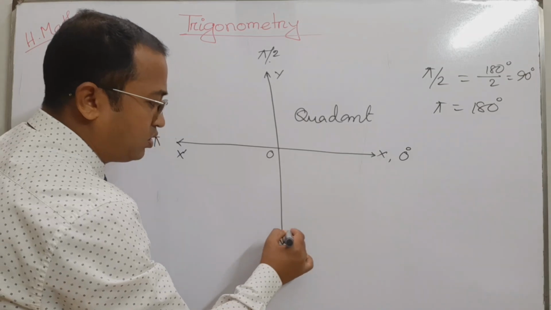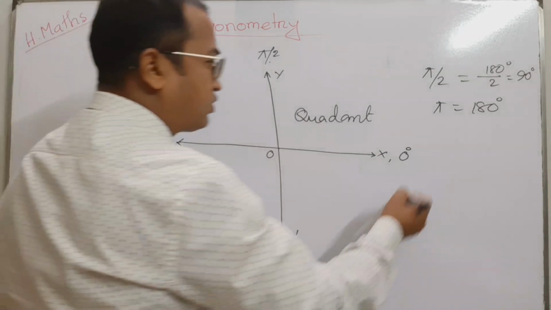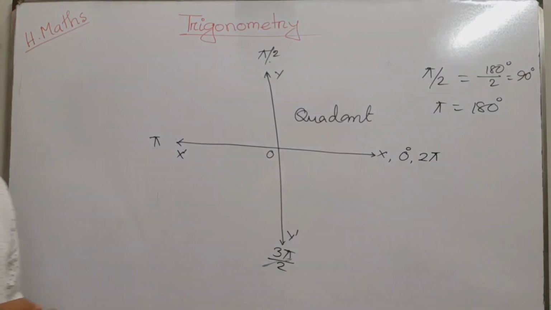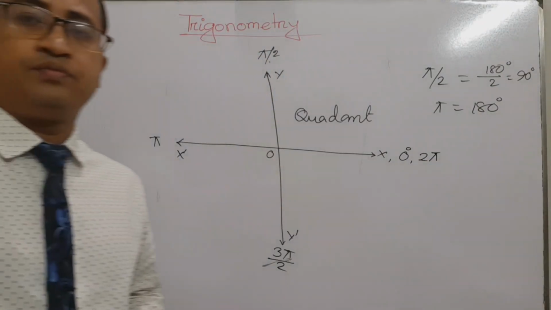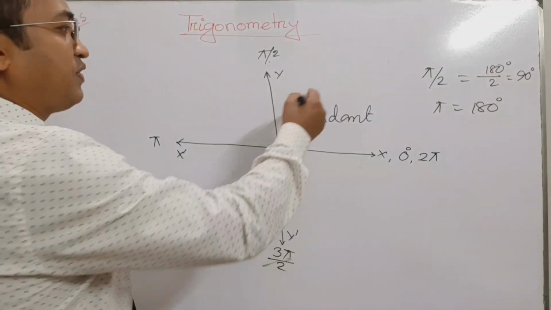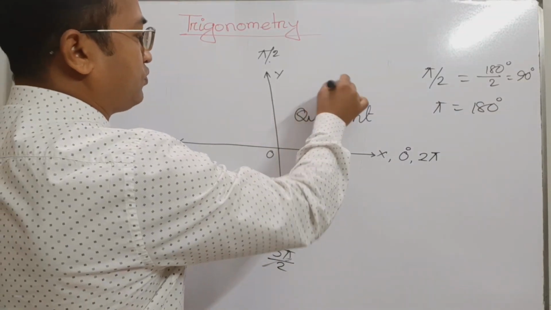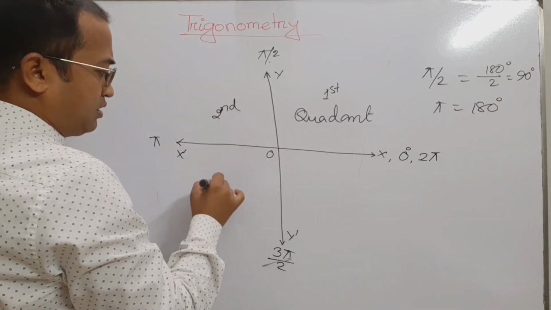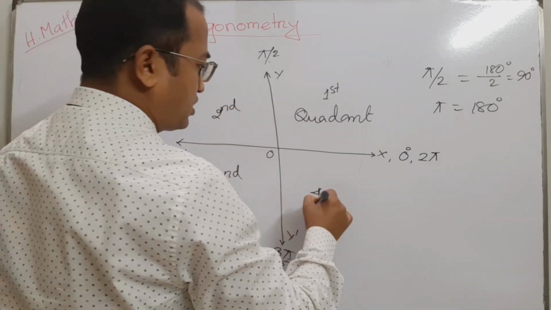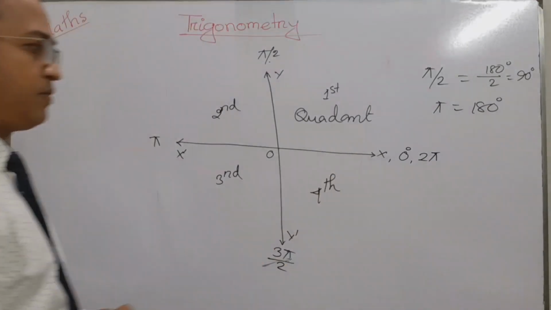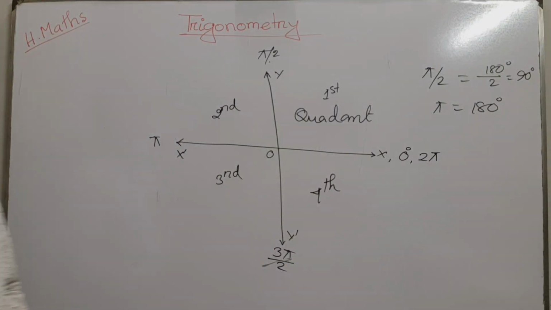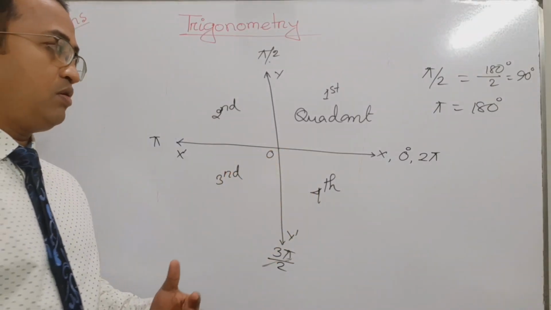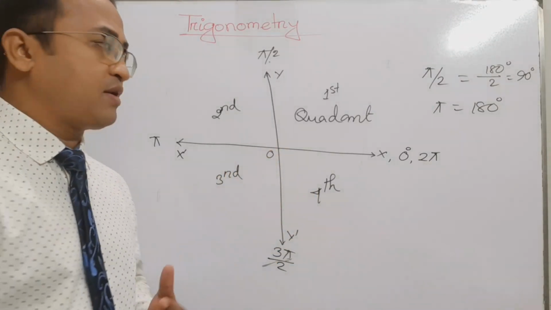And after the fourth quadrant, it will be 360 degrees, that is 2 pi. Look, this is the first quadrant, this is the second quadrant, this is the third quadrant, and this is the fourth quadrant.